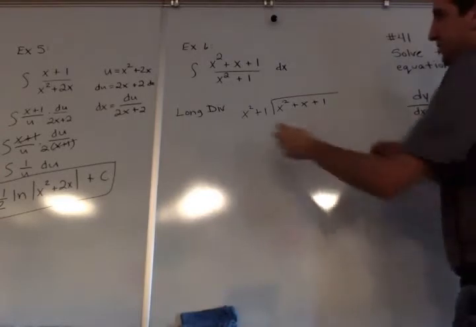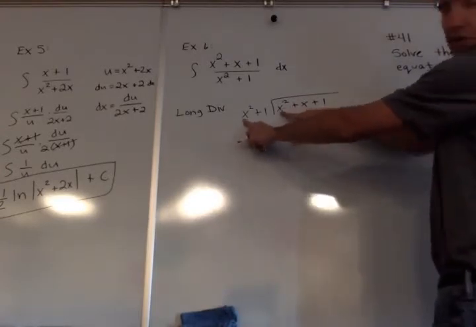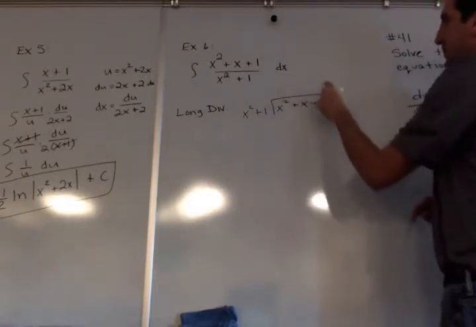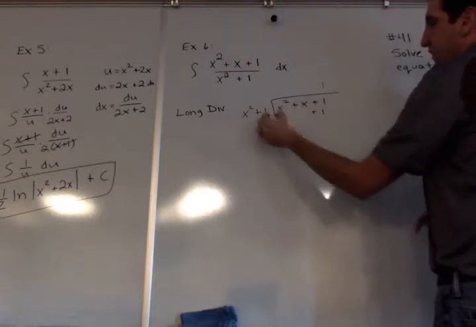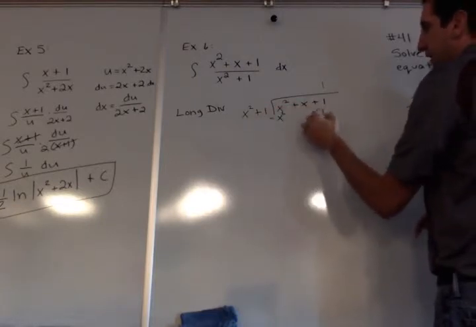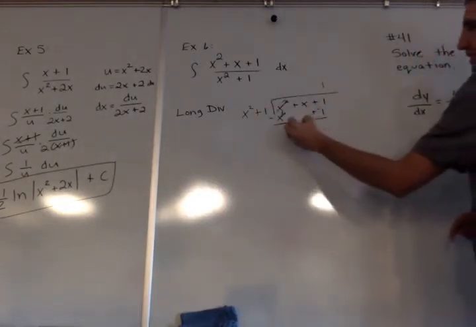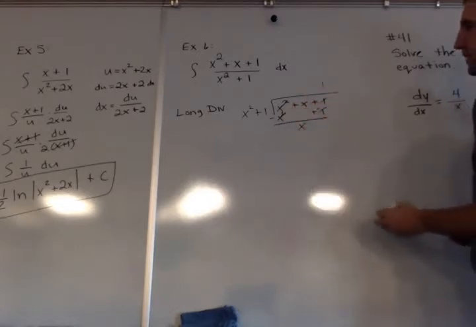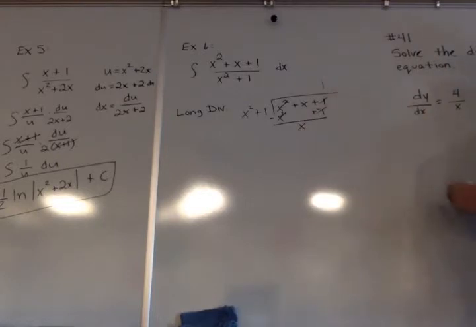In order to do this, x squared and x squared, we just multiply times 1 to get that to work out. So distribute that. I have x squared plus 1 and then change those to the opposite sign. So the x squareds would cancel out as I do my subtraction. I'd have x and then my 1's would cancel out as well. Notice this would be my remainder because there's nowhere else I can go with my quotient.